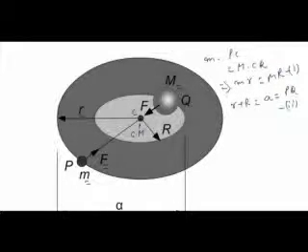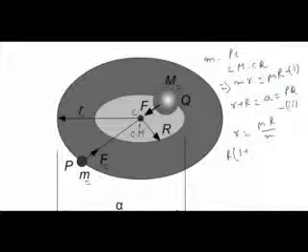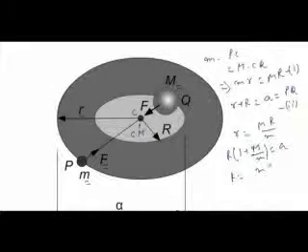So from equation 1 and 2 we can write that r is equal to MR by small m. So if we put the value of small r in equation 2, we get R into 1 plus M by m is equal to a, or R is equal to ma by M plus m.